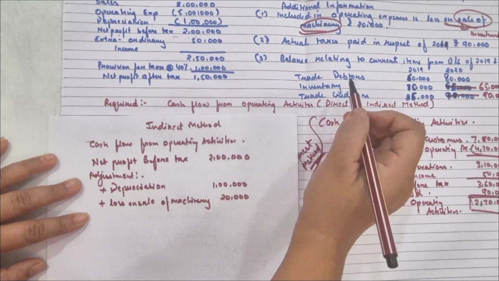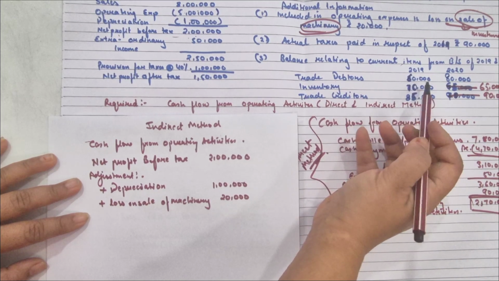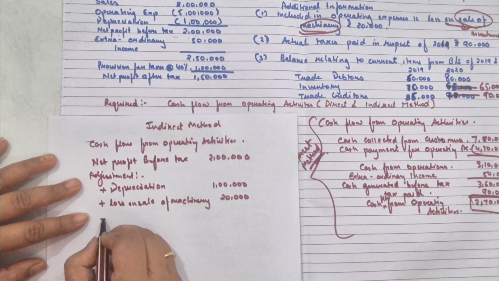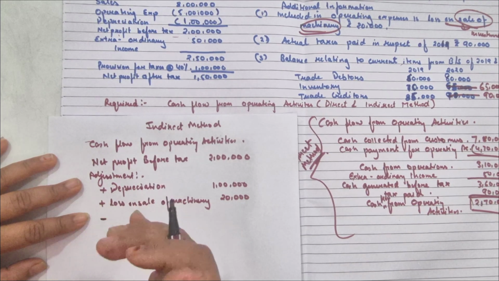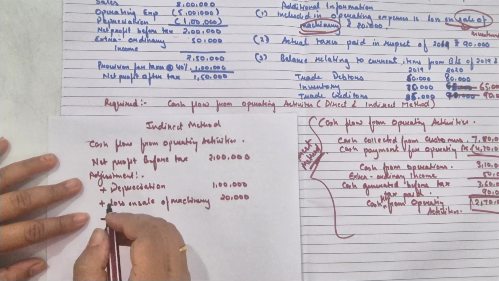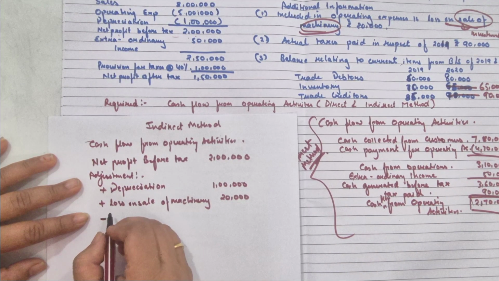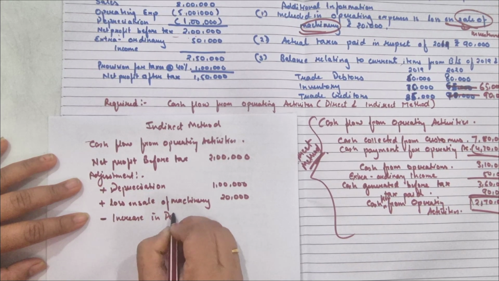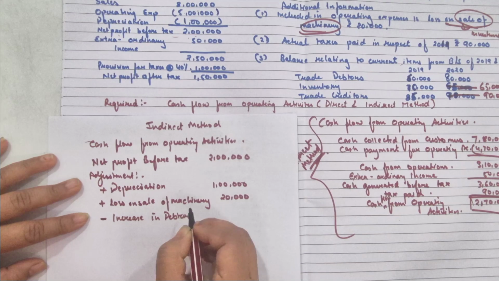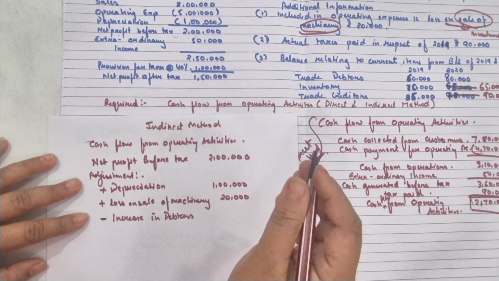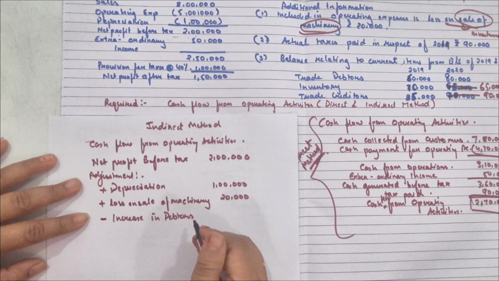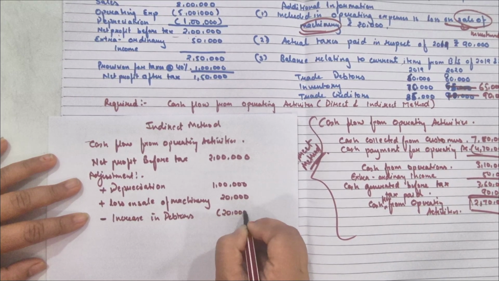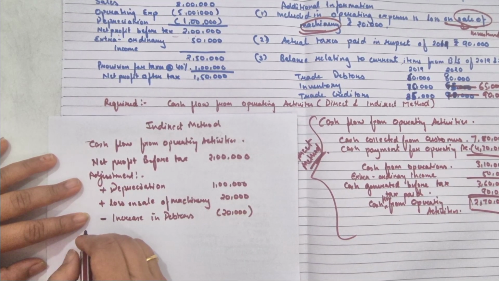Now, as debtors have increased from 60,000 to 80,000, it means we have not received this payment. So we will write increase in debtors, because there must have been credit sales, so we have not received payment. So we will deduct 20,000. Fine.